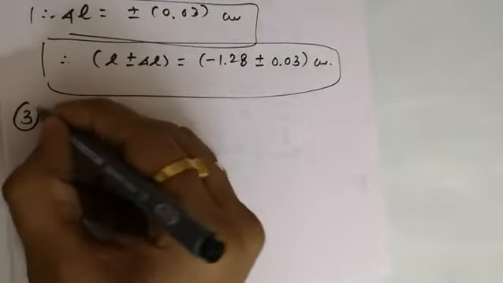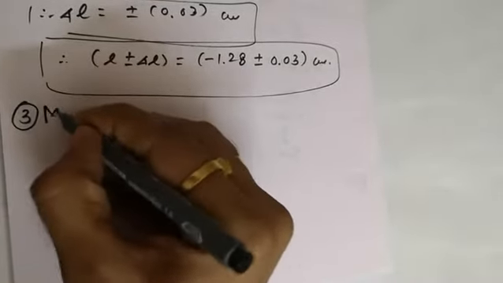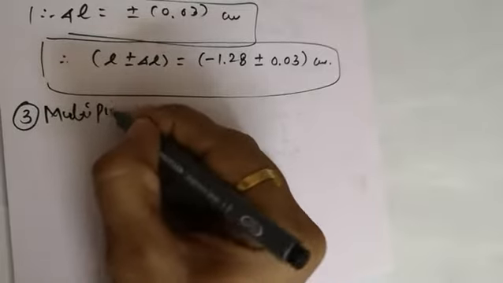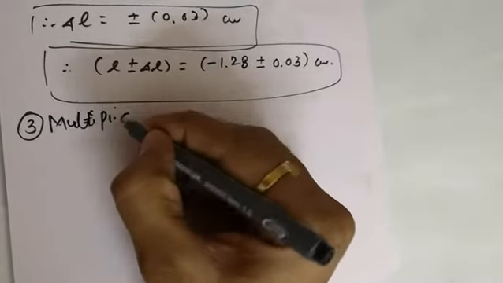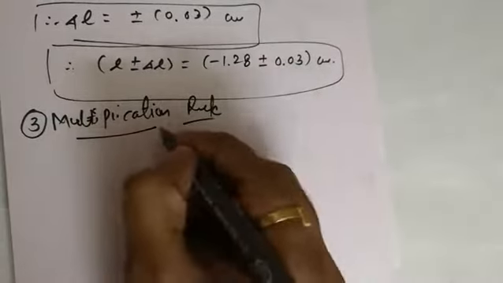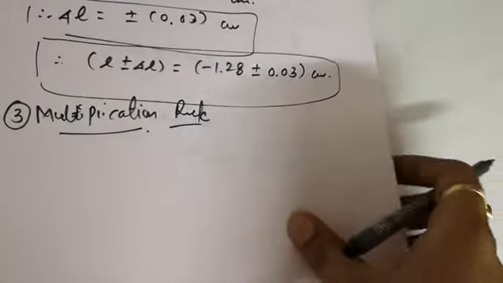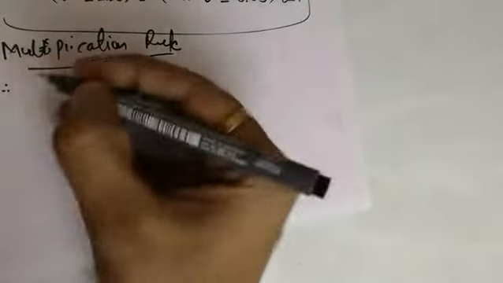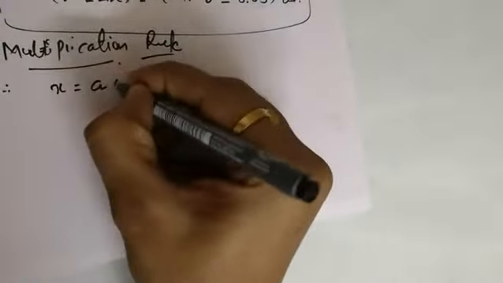Now the third part is our multiplication rule. This multiplication rule is nothing new for us. It is like normal multiplication, but the only thing we carry along is its error part.